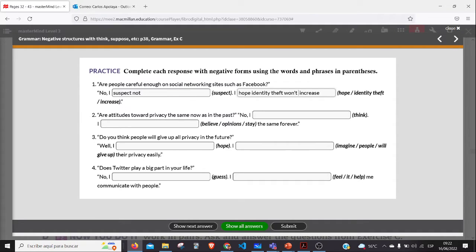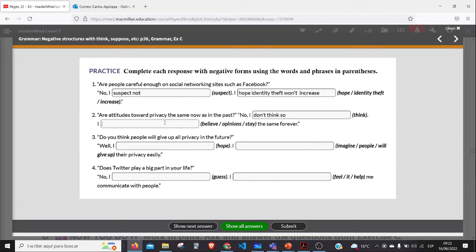Next. Are attitudes toward privacy the same now as in the past? Think, answer. No, I think not. I think so. No, I don't. I don't think so. Yes.